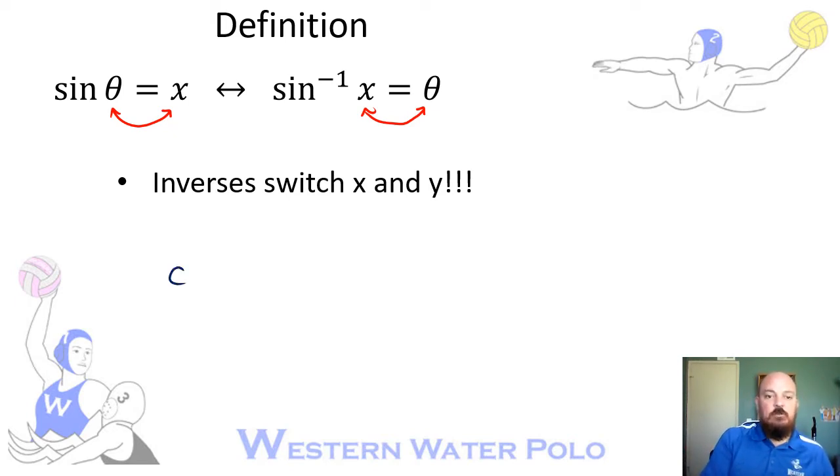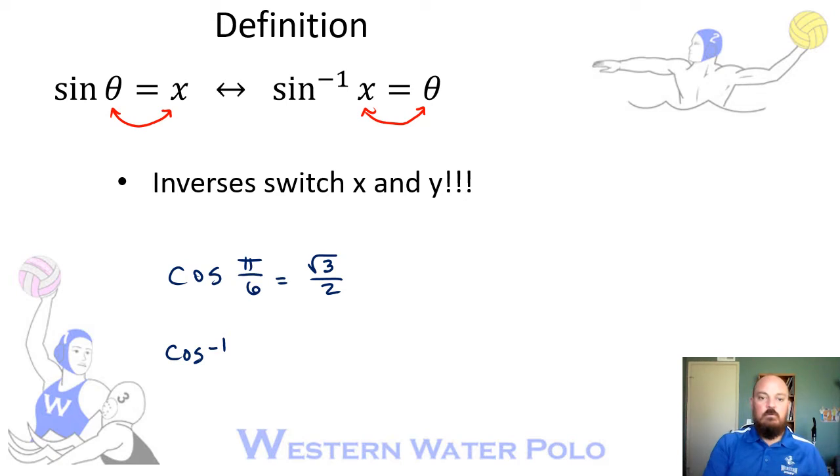If I said cosine of pi over 6 equals radical 3 over 2, which it does, that's a unit circle value, I could change this into an equation using inverse cosine by just switching those two numbers. So basically inverse cosine of radical 3 over 2 equals pi over 6. And it works changing back from inverse to regular too. For another example, let's say I said inverse tangent of 1 equals 45 degrees.